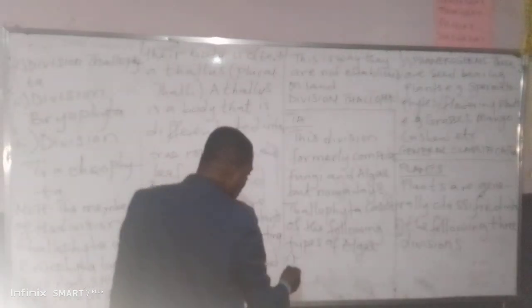We have one, green algae, e.g. Spirogyra, called Chlorophyta. So green algae are called Chlorophyta because they have chlorophyll to carry out photosynthesis. So this is the first type of algae that we have in Thallophyta.